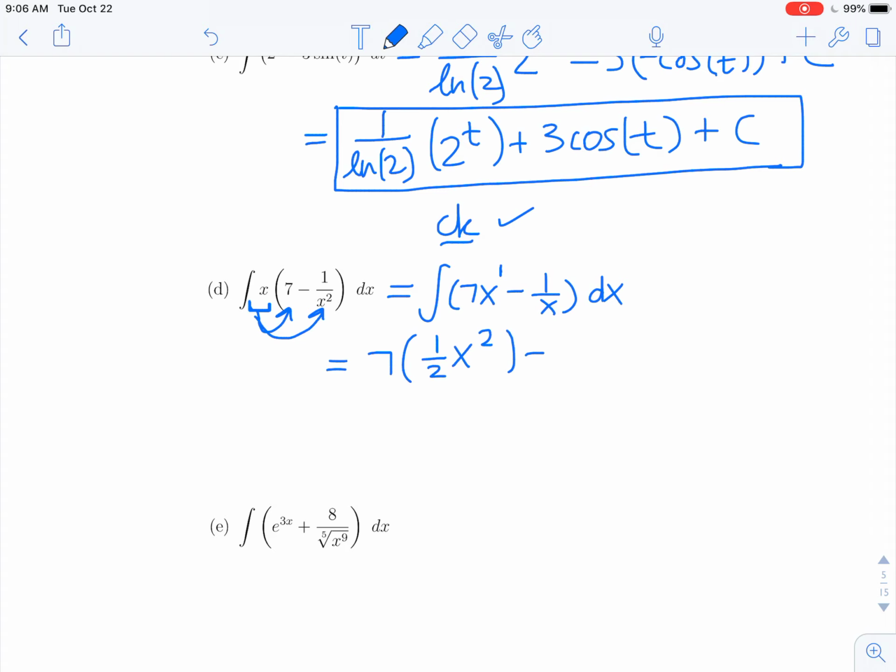And then minus, and remember that when you're anti-differentiating 1 over x, you have a different rule, not the power rule, and you get natural log absolute value of x, and then plus c. And then you can check, at least mentally, that when you take the derivative of this, you get what you're supposed to. And it works.